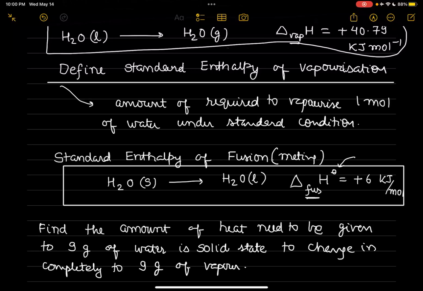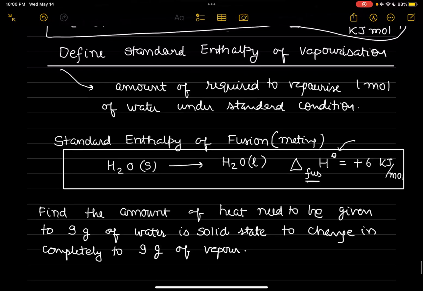I hope all of you can see this. 9 grams of water in the solid state under standard condition, that also you can write in the bracket, change it completely to 9 grams of vapor.